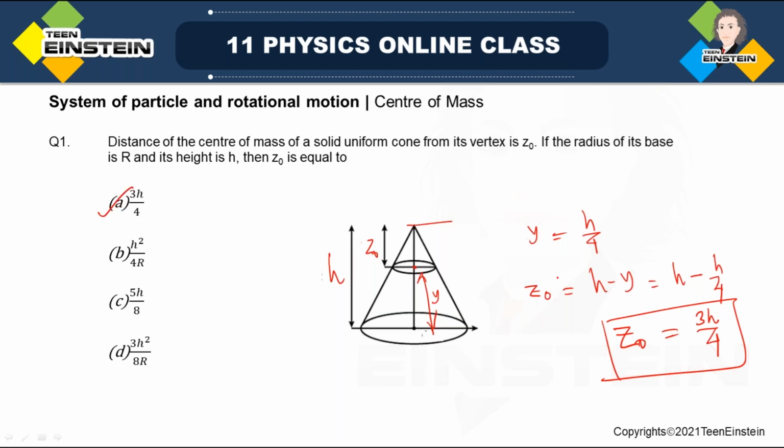I have done this problem elaborately because I just wanted to tell you how to calculate the center of mass for this particular geometry, a solid cone. That's why I derived everything. But if you know that the y_cm, the center of mass coordinate, is h by 4, then you can directly go h minus h by 4.